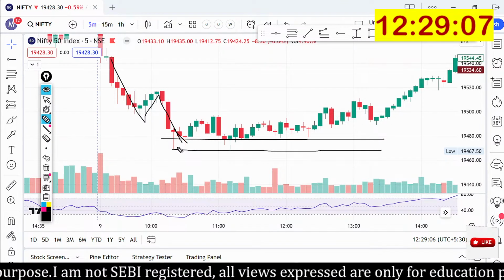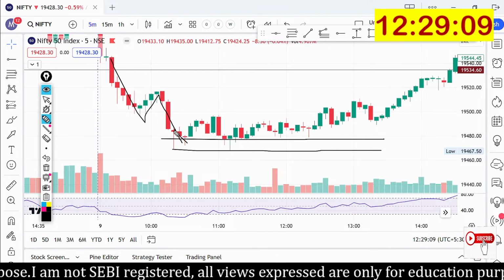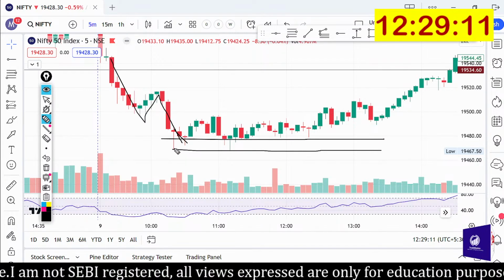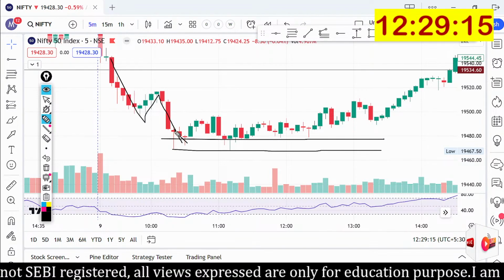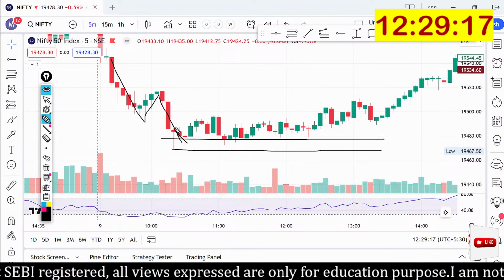Whatever retail like us, we would be sitting. We have seen this candle forming earlier. Now when this candle closes, ideally my trade closes because I'm seeing some support coming in, right?